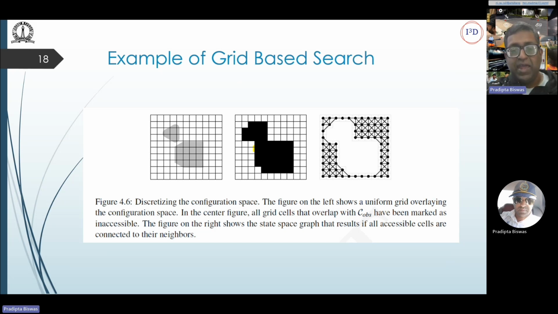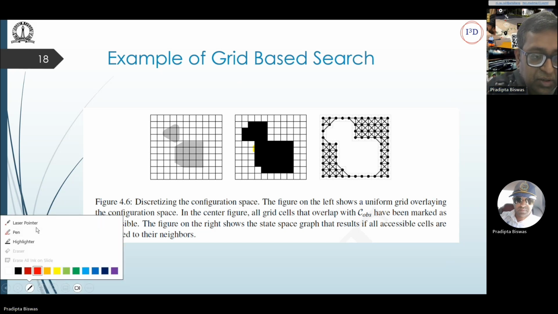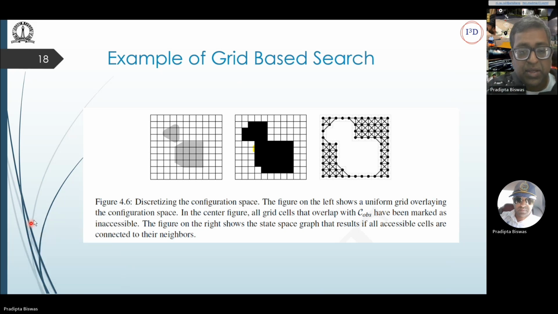So for example, I will just turn on the highlighter here, there is a small passage here. So in this configuration, when we are discretizing the whole configuration space into evenly sized cells, what happens is that this cell right here where the laser pointer is, is termed a mixed cell, because this cell consists of both free space and obstacle space.